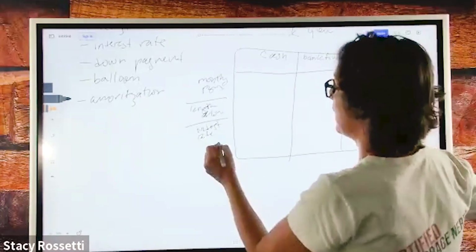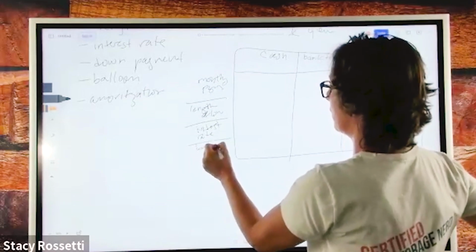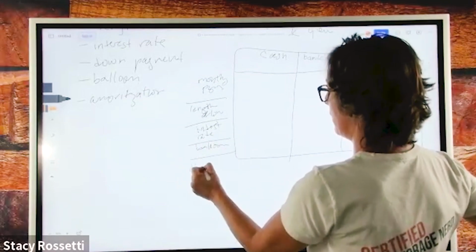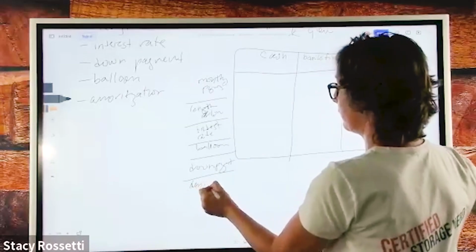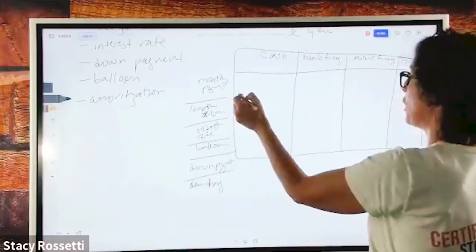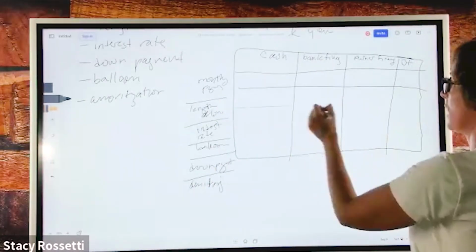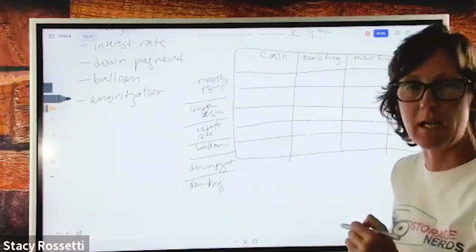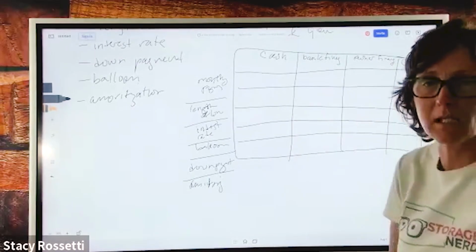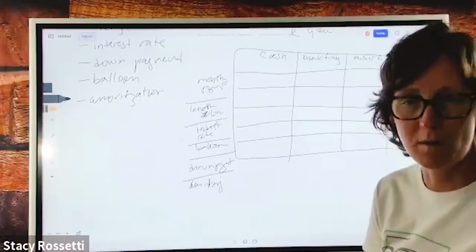You have the balloon, the down payment, the amortization. All right, and you're basically just spelling those out right here. It's like a table. Essentially, it's a table that's offering 4 different offers at the same time.